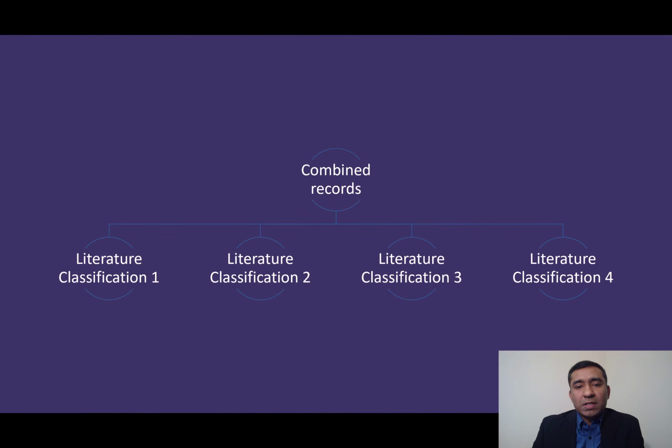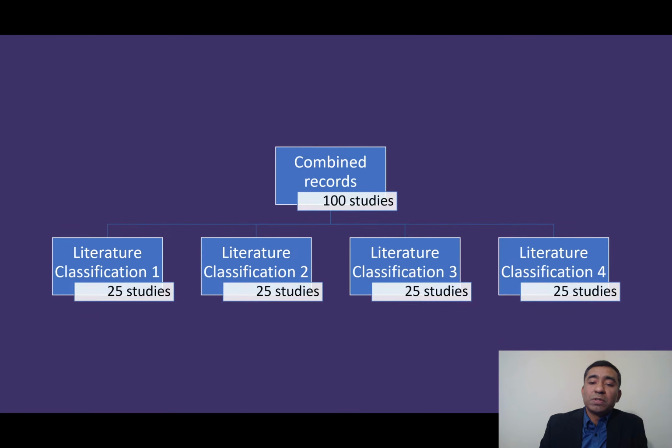Once we have extracted all these records, the next step is to combine them, right? So we have one Microsoft Excel sheet, and then we classify these records into different categories or different clusters. These clusters we can develop by ourselves, but we also use different tools and techniques for dividing these studies into different categories.